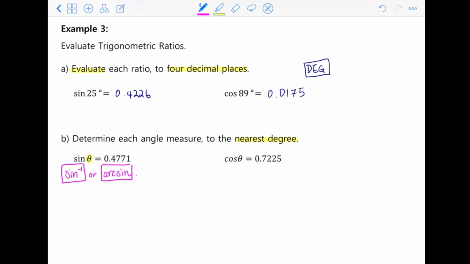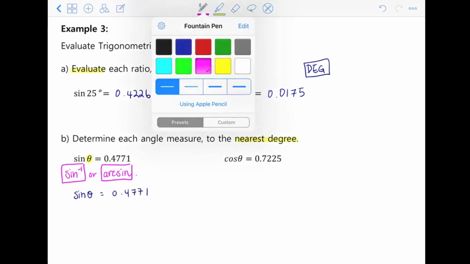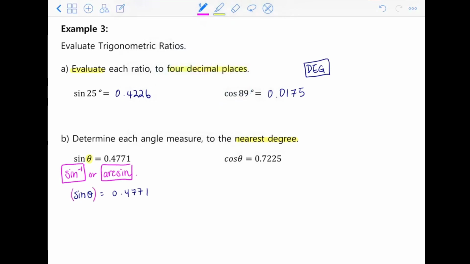This is why we need these inverse trig functions. So for example, if we have sine theta equals 0.4771, we have to inverse both sides. So the inverse of sine theta on the left-hand side will give us angle theta on its own.